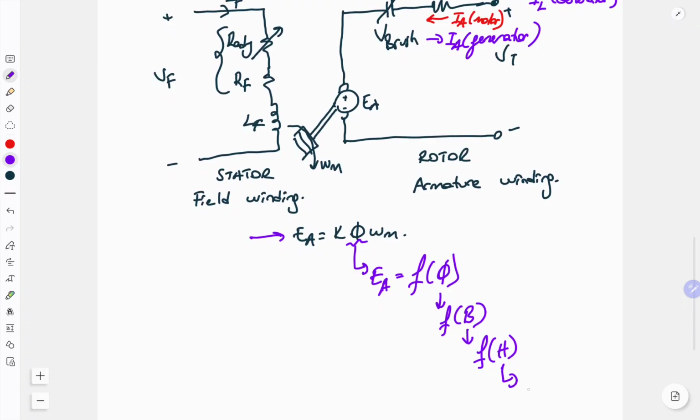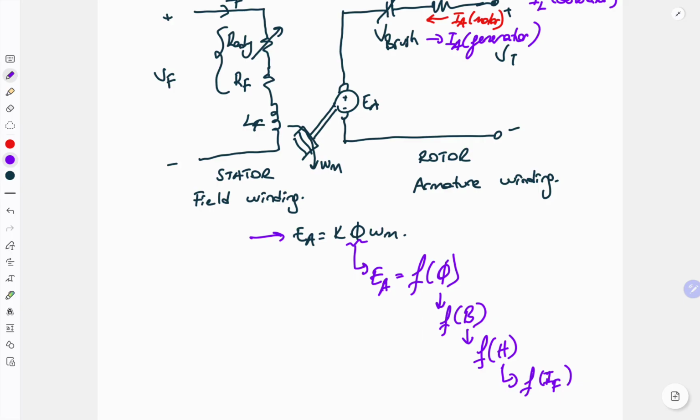And after that, the current to produce this magnetic field will be IF. So initially the cross-sectional area will act as a constant, then the permeability between B and H, and after that the H to current relation will be the function of the equation to control the EA.